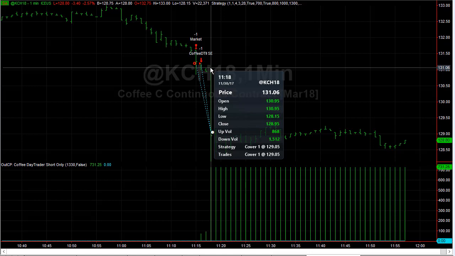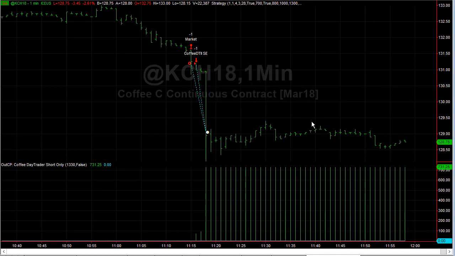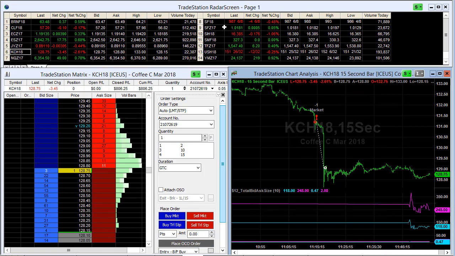As you know, coffee ticks in increments of 37.50 and half increments of that, 18.75 is the smallest tick. And so I'll take a look at the matrix. I have this matrix, so I can click on any of these markets and it goes to that. And so it ticks in 0.05.